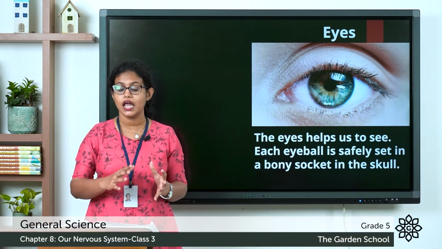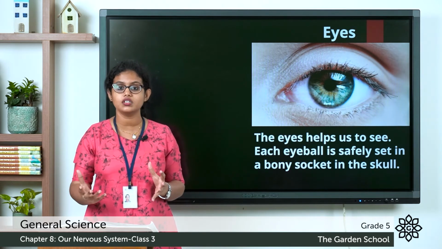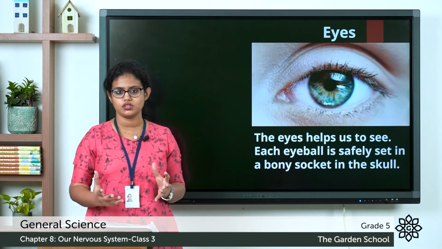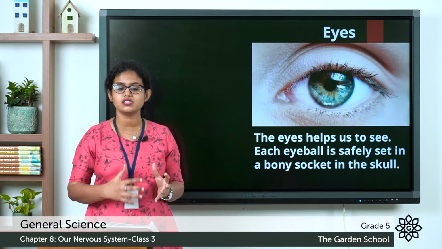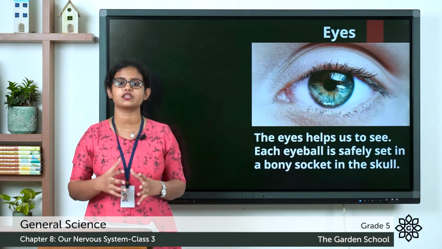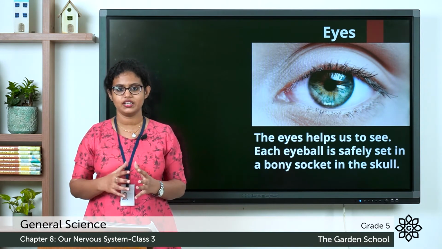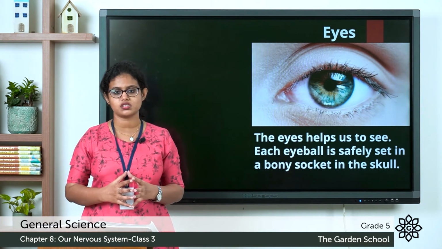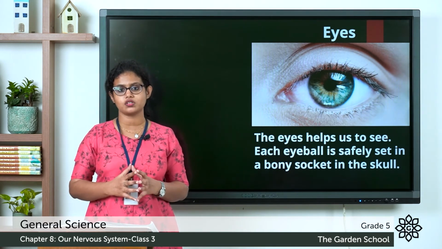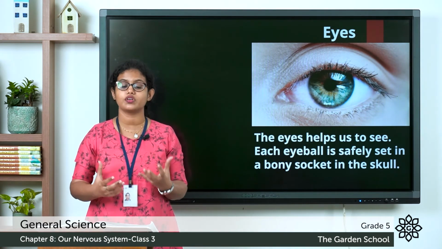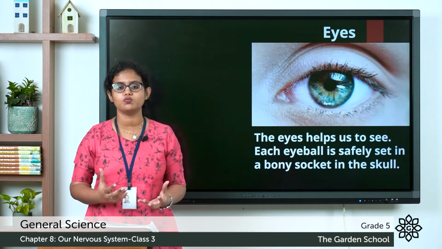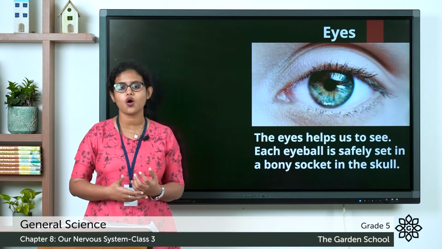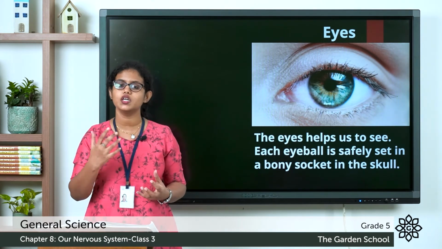This image is converted into a message. The sensory nerves carry this message to the brain. Then the brain produces a response that helps us to recognize what the object is. So this is how we are able to see objects.